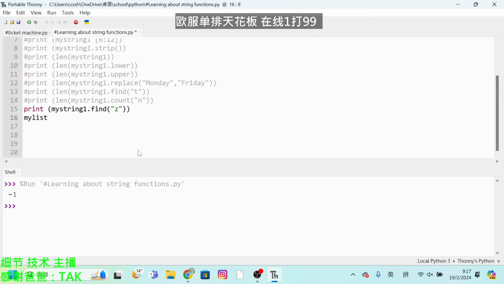Each word, seeing there's a space. So if I print it, my list is telling us: it is Monday morning. It broke it down into units, like a list of each word, based on the space in between. Did everybody kind of understand that?